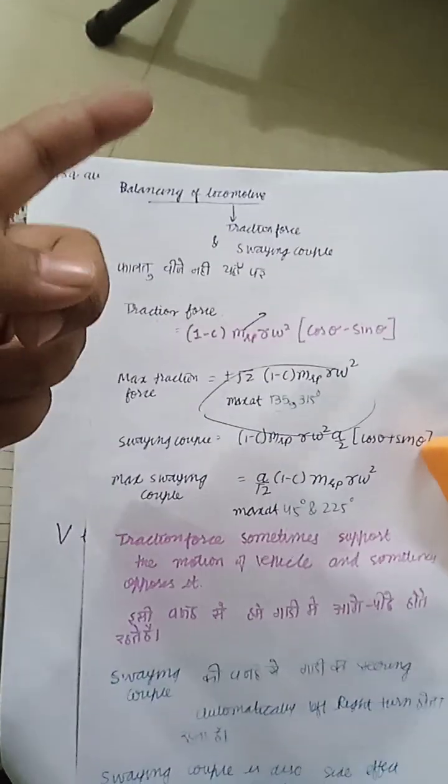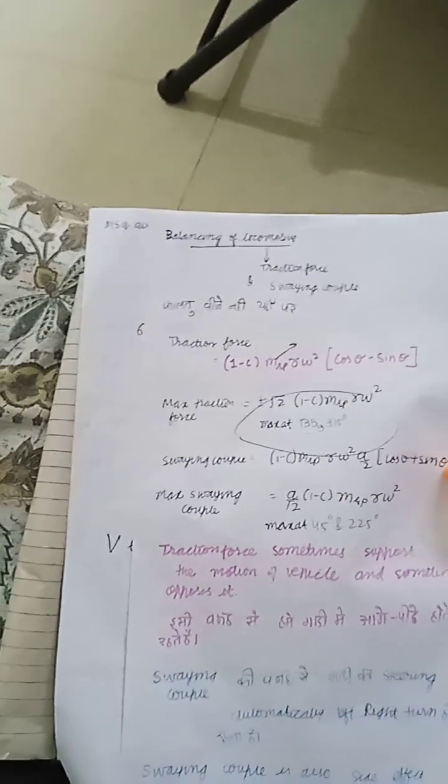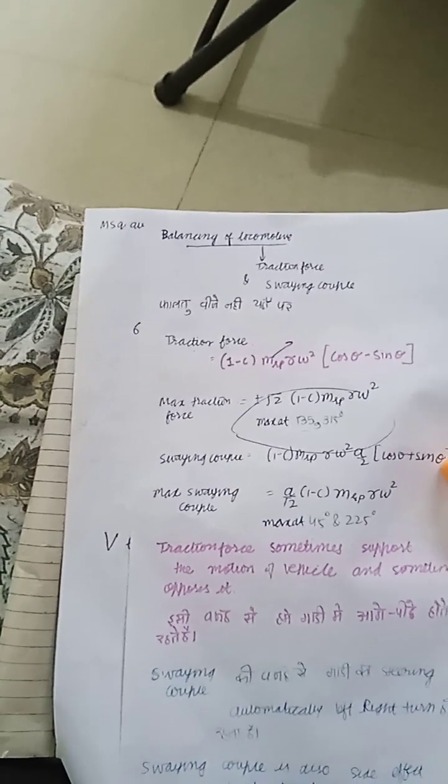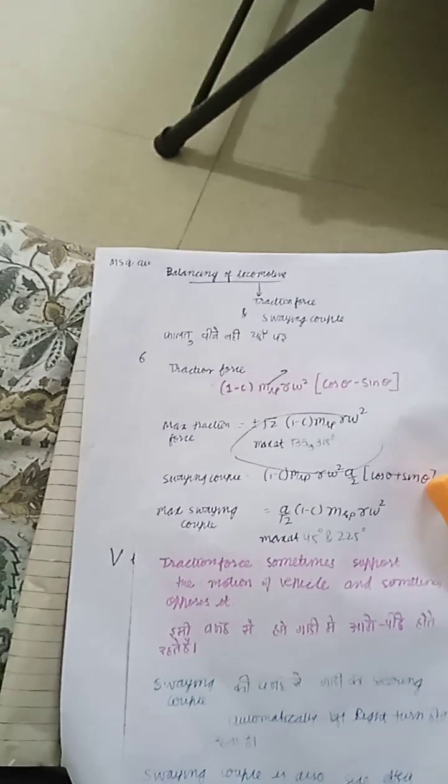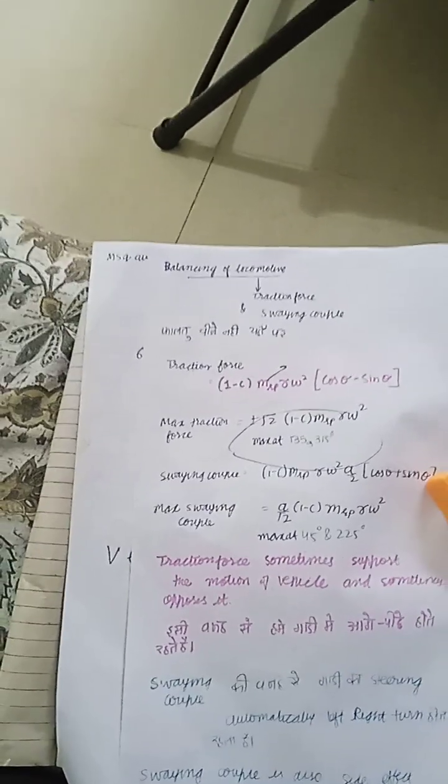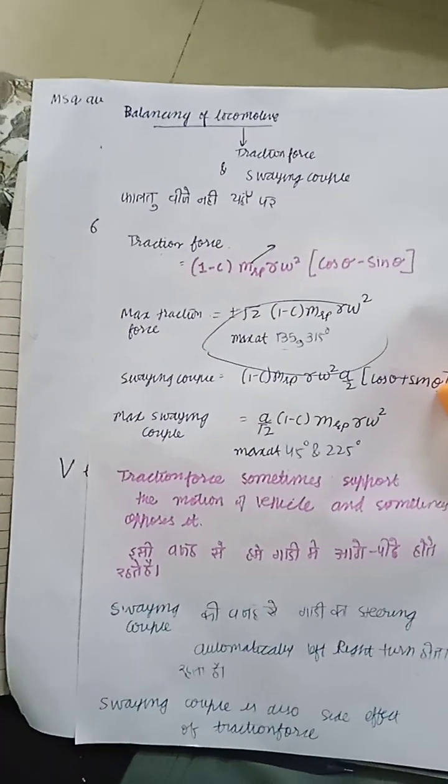Sometimes it can be opposite. So this traction force may sometimes help the vehicle to move faster, sometimes slow it down. Due to this, we feel a jerk in the vehicle, due to the traction force. Now, what does the swaying couple do? A swaying couple means a couple in which plane?